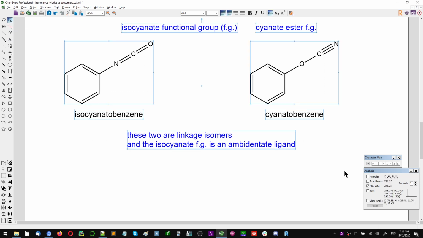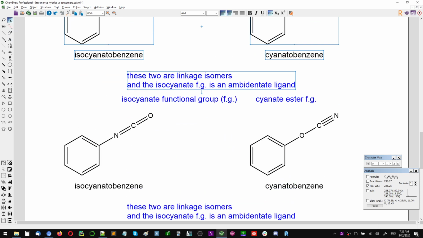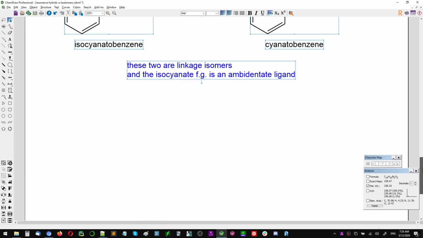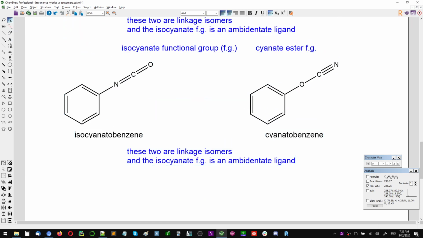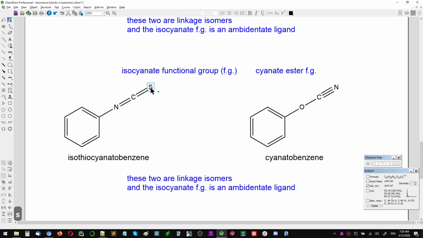Okay. I will do the same for thiocyanate by just copy and paste. If we simply have sulfur here, this is isothiocyanatobenzene, and this would be the isothiocyanate functional group.